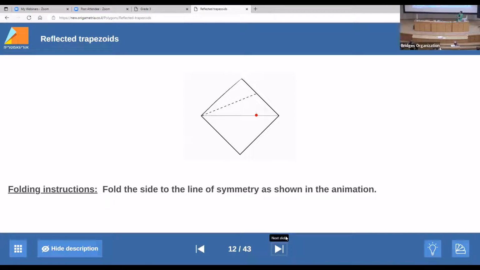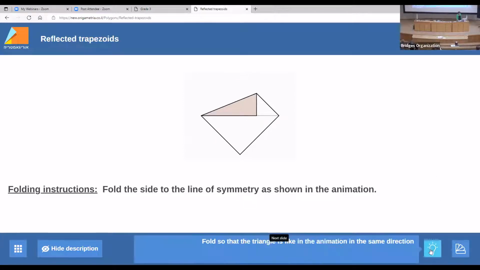And now what we do, we fold the side to the symmetric line. When you fold it, make sure you fold in the same direction you have here, okay? If I put the mouse here, it's a comment we give the teacher in the lesson if she wants to remember something more.